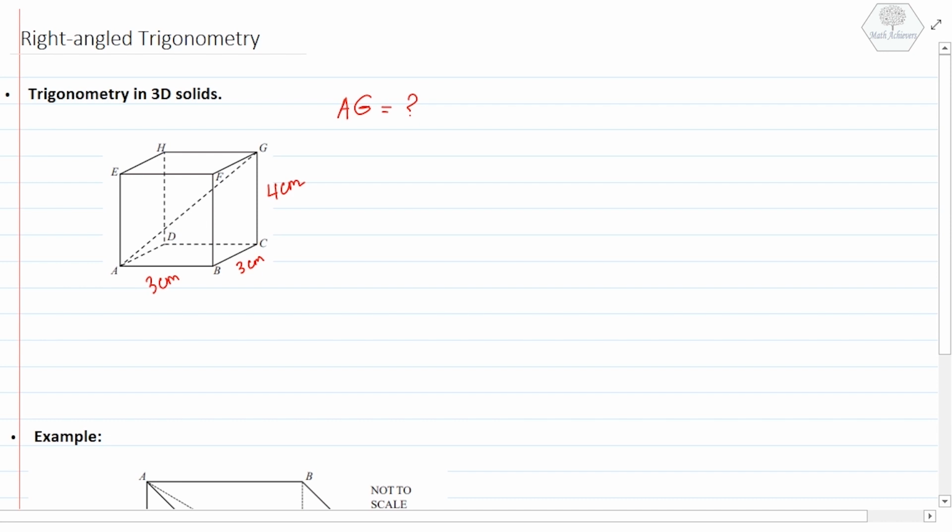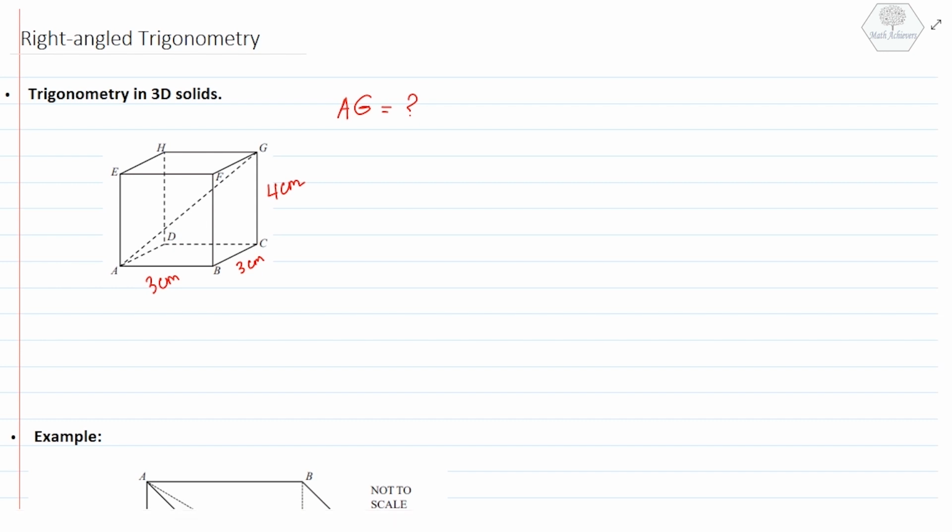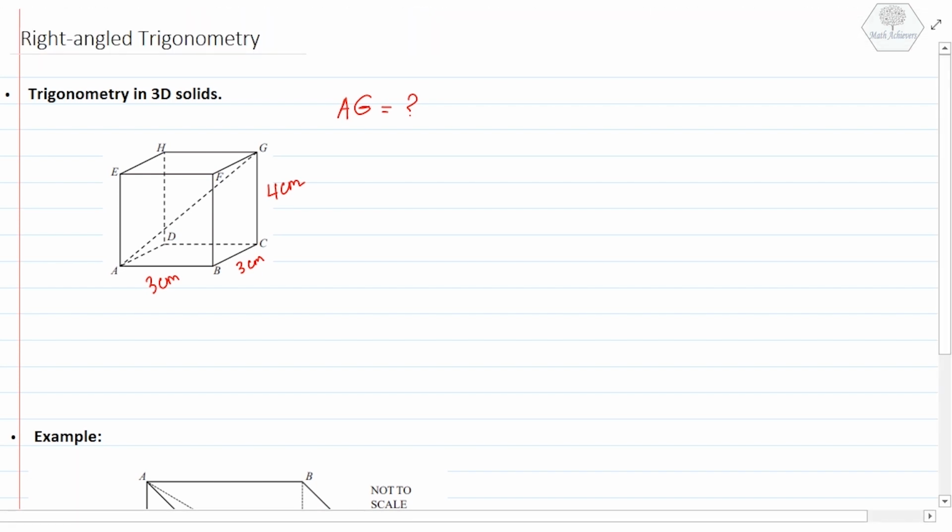Now, in order to find AG, it is very important to take the right-angled triangle out of my three-dimensional shape. So the needed right-angled triangle would be this one: A, C, and G. And this angle is 90.